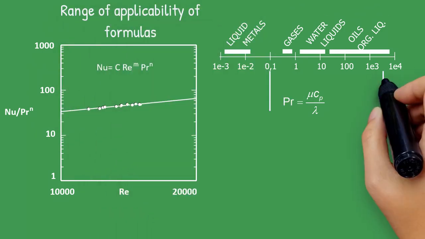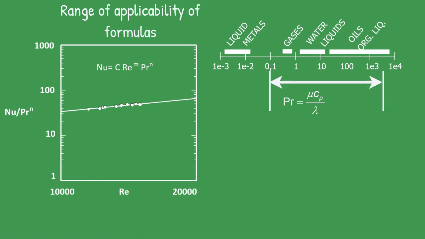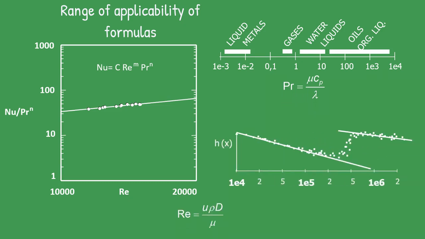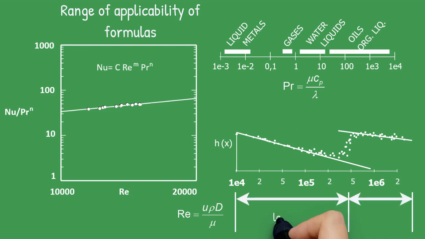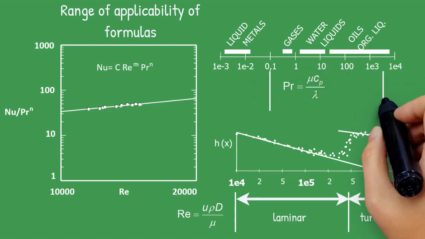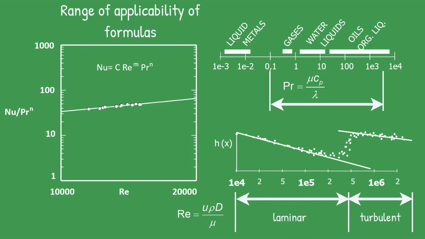The formulas that we will use are not valid for liquid metals with very low Prandtl numbers, nor for very viscous organic liquids. The other range of applicability refers to the Reynolds number, which determines the flow regime, with different formulas for the laminar regime and for the turbulent regime. But we will see all this in detail when we study convection inside ducts.